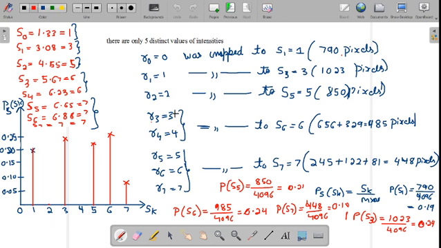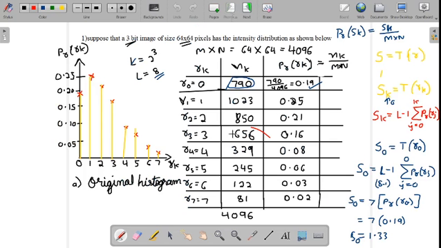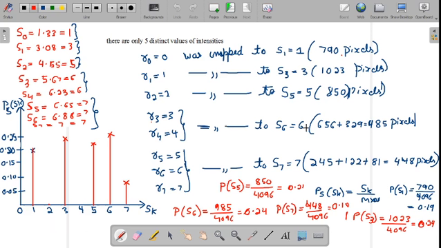Next, r3 and r4 are mapped to s6. If you consider 329, so if you look over here, r3 is 656 and r4 is 329. So r3 and r4 together give 656 plus 329 pixels.